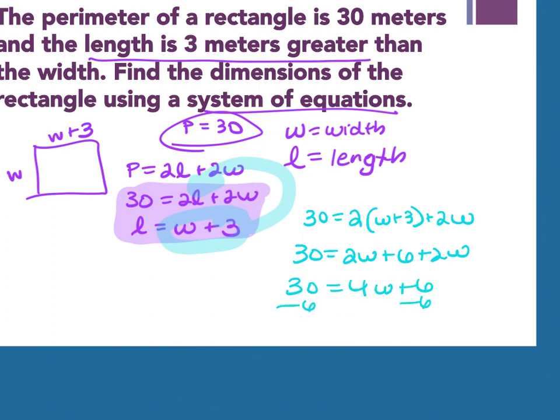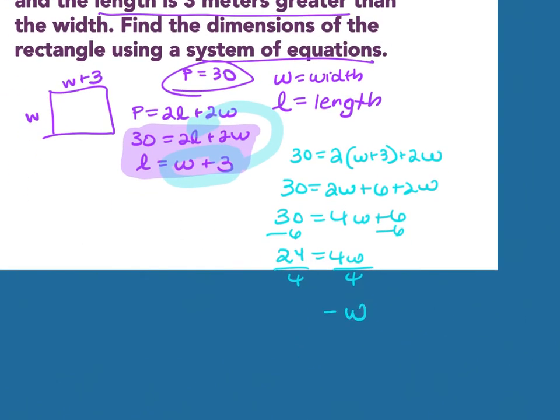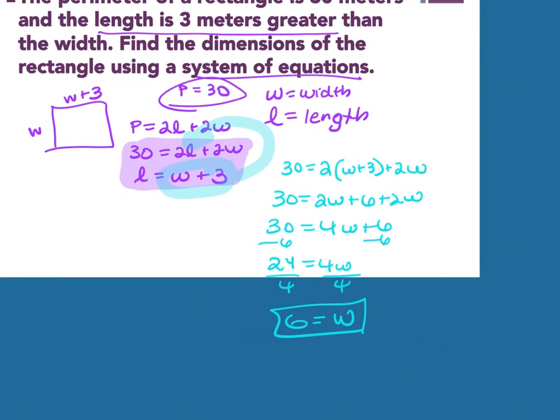Subtract the 6. Divide by 4. The width is 6. That's one part. Then I plug it back in here. The length is 6 plus 3, so the length is 9.